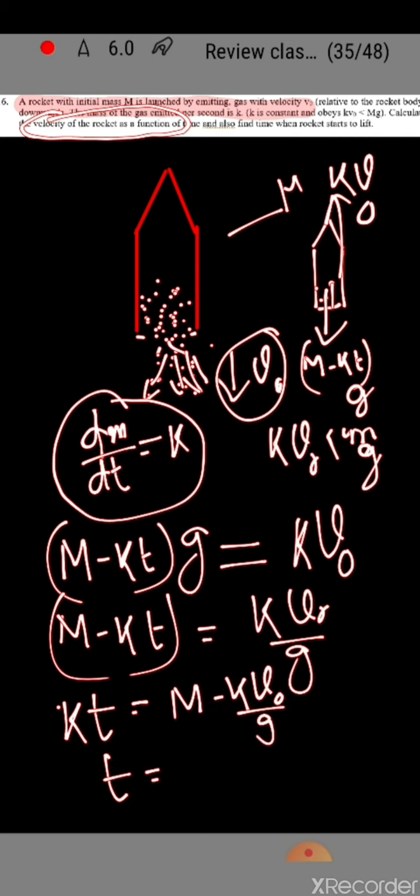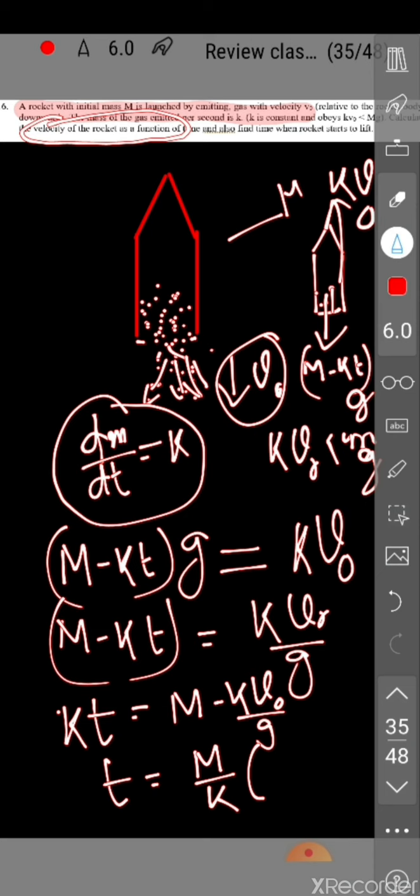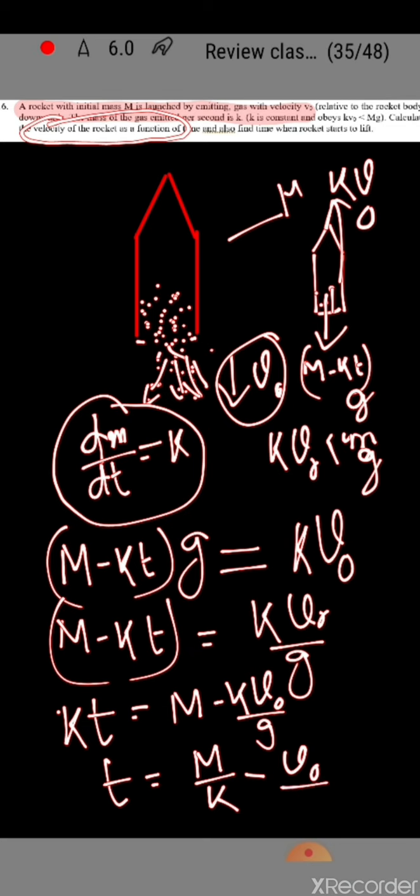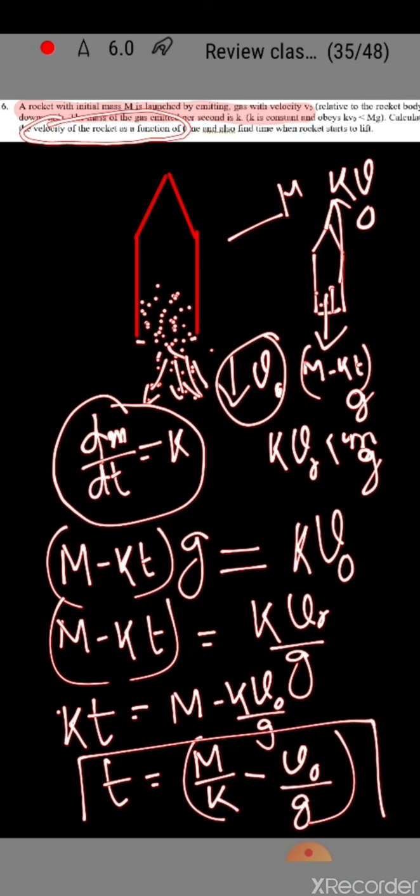So t is equal to m by k minus v0 by g. At this time, only then will the rocket start getting lifted up.